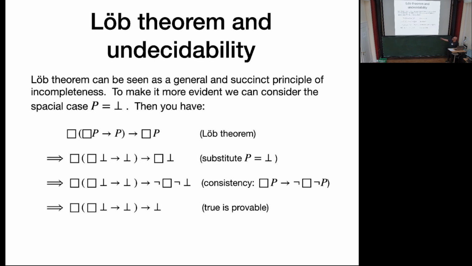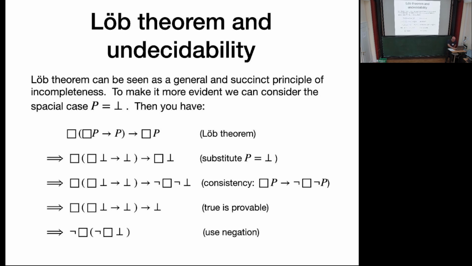But not false is true, and true is provable. So this becomes false. And if you use the definition of negation, this becomes not box false. So it means you cannot prove false, which is an incompleteness result.